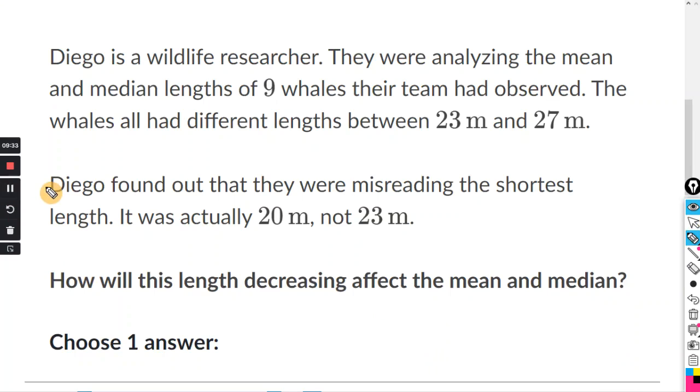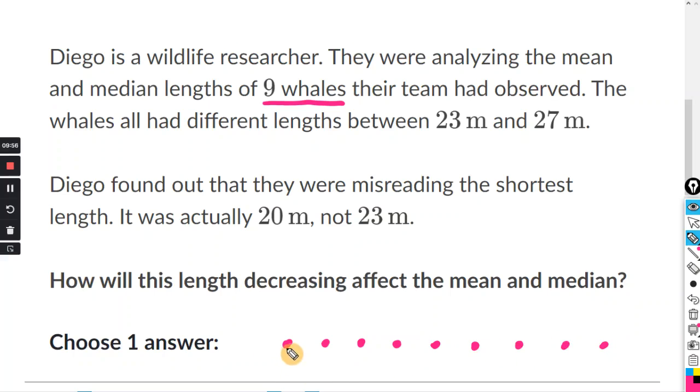Okay, once again, you can refer to the notes, but I'll show you this visually. Since we have 9 whales, I'm going to draw 9 dots. 1, 2, 3, 4, 5, 6, 7, 8, 9. Okay, let these dots represent the lengths of the whales on a number line.